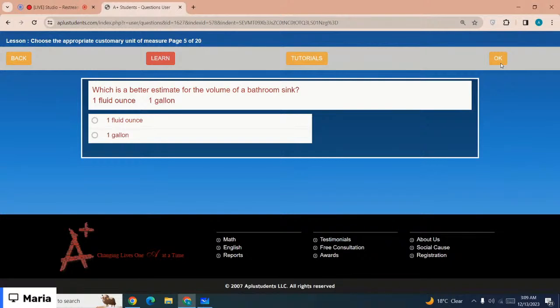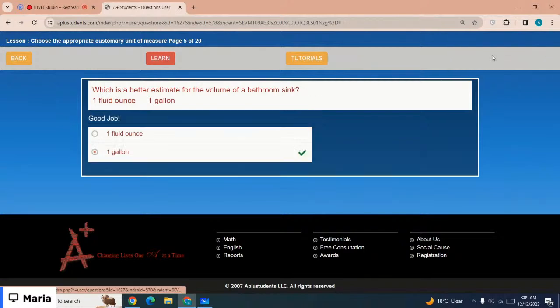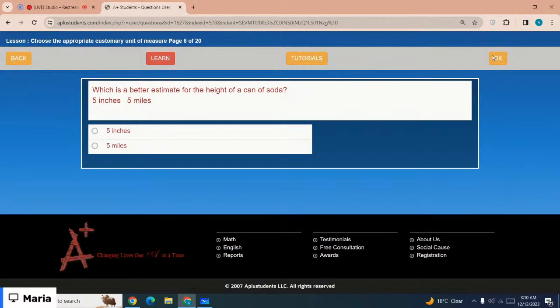Fluid ounce is a very small unit for a bathroom sink. The correct option is 1 gallon, because a fluid ounce is a smaller unit than a gallon. So a sink must have a capacity of 1 gallon. The correct option is 1 gallon.